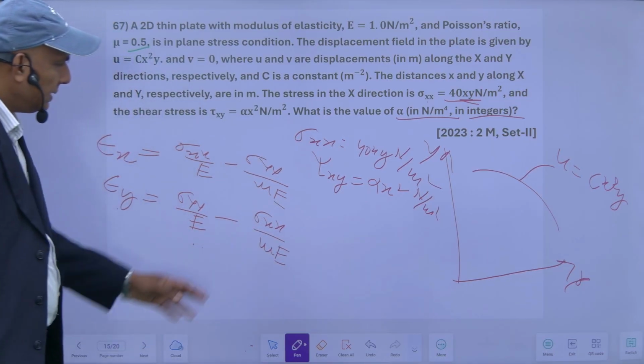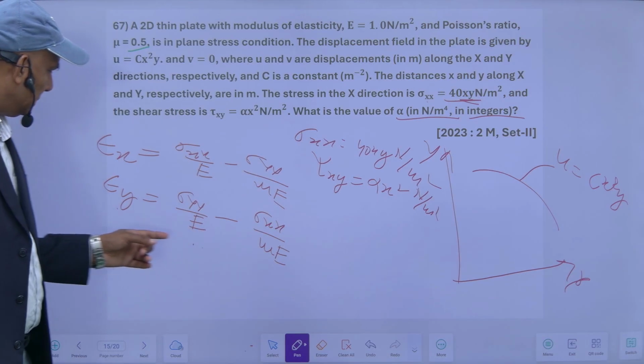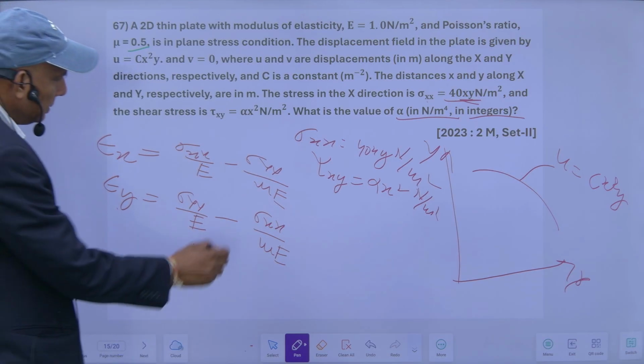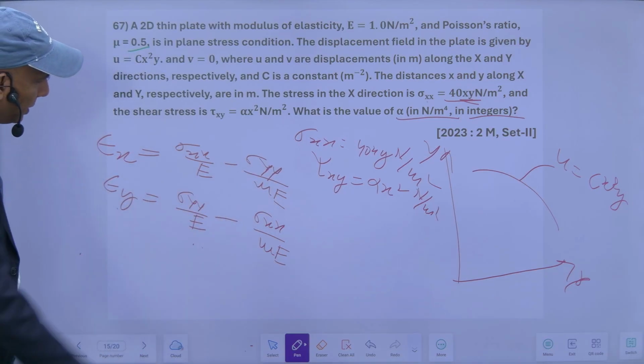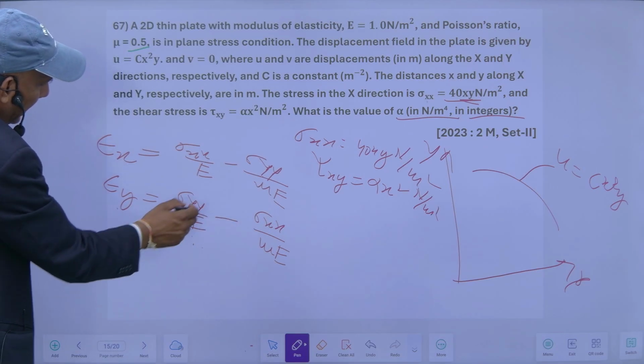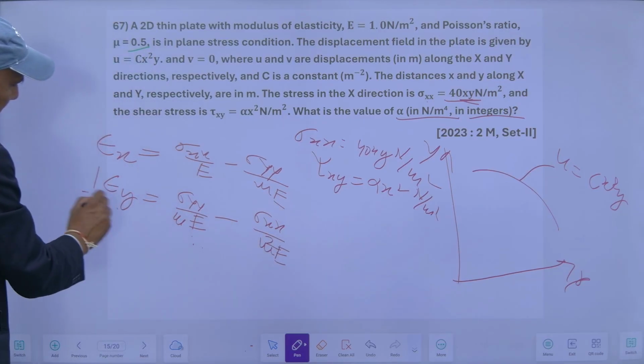So I want to know this value, sigma xx. For finding it, I have to eliminate this term, so I have to multiply by mu.